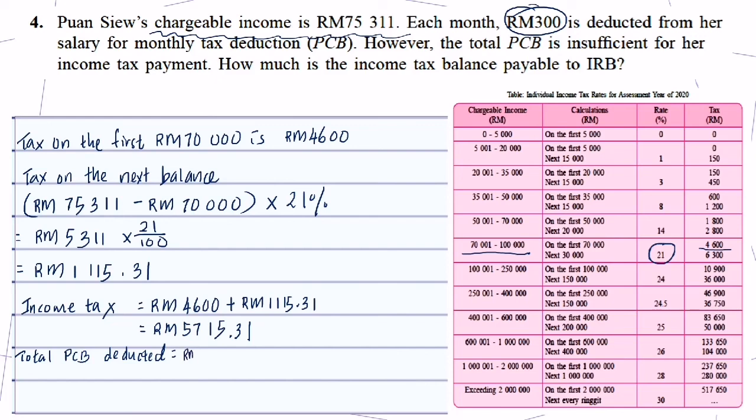So in 1 year means 300 times 12 equals 3,600. Okay, so means that tax payable greater than PCB. There is insufficient tax payment. So how much insufficient? We count for it.